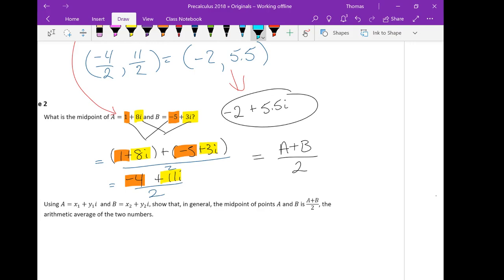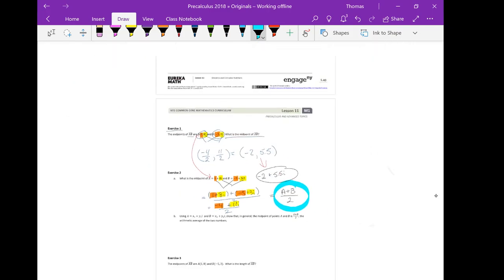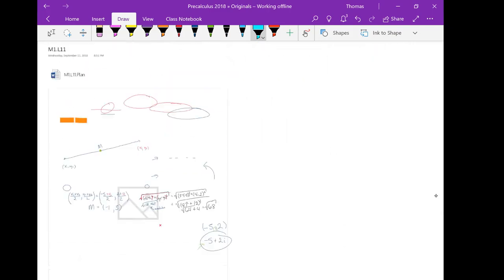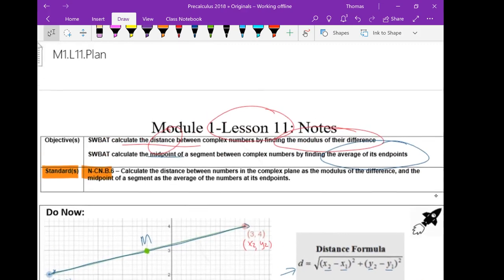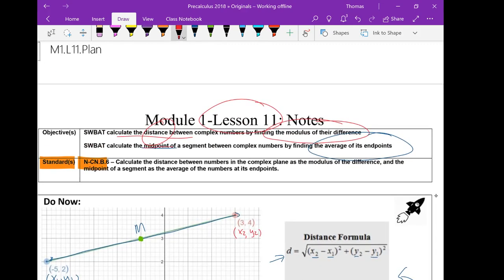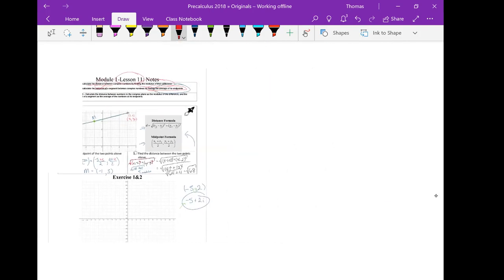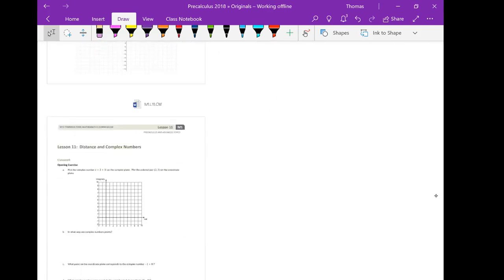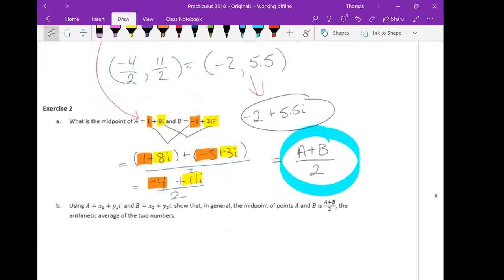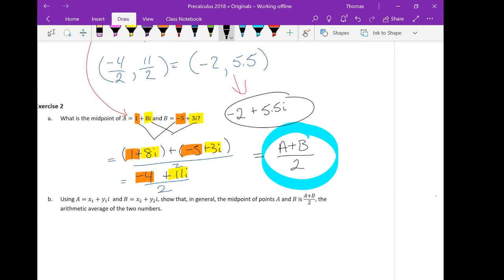And let's look at our standard and our objective today to make sure that this matches what we're supposed to be doing. Our objective said, calculate the midpoint of a segment between complex numbers by finding the average of its endpoints. Remember an average of something, if I had like 2 and the number 3, and I wanted to find their average, I would add them up and divide by 2.